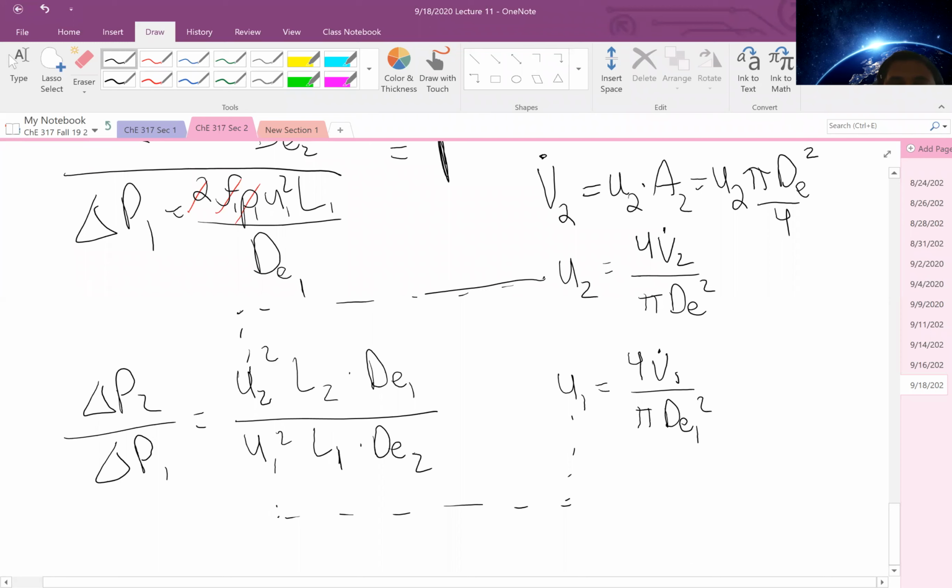I'll use a different color to show the action. So I can substitute these two terms in my expression.